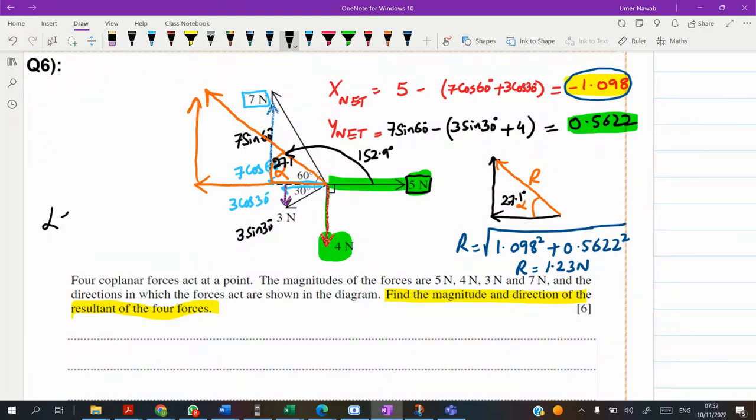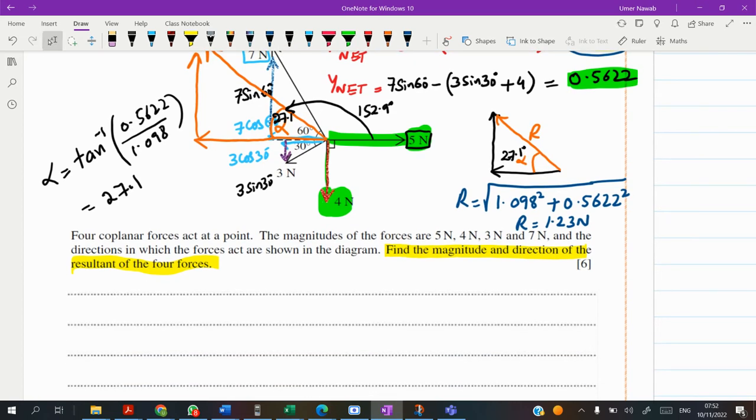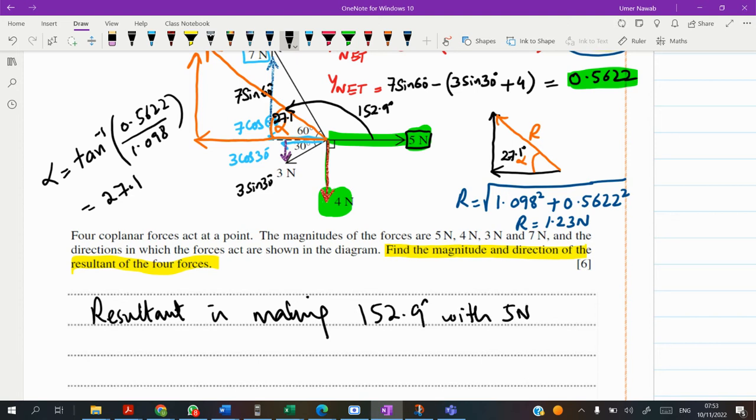So let me write here, my alpha is inverse tan of y net 0.5622 over 1.098, which gave me 27.1. Now my resultant is making 152.9 degrees with the 5 Newton force anti-clockwise.